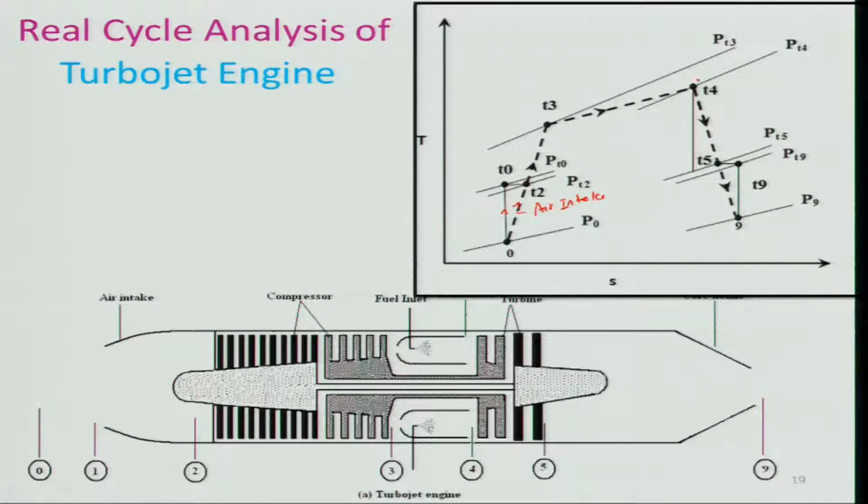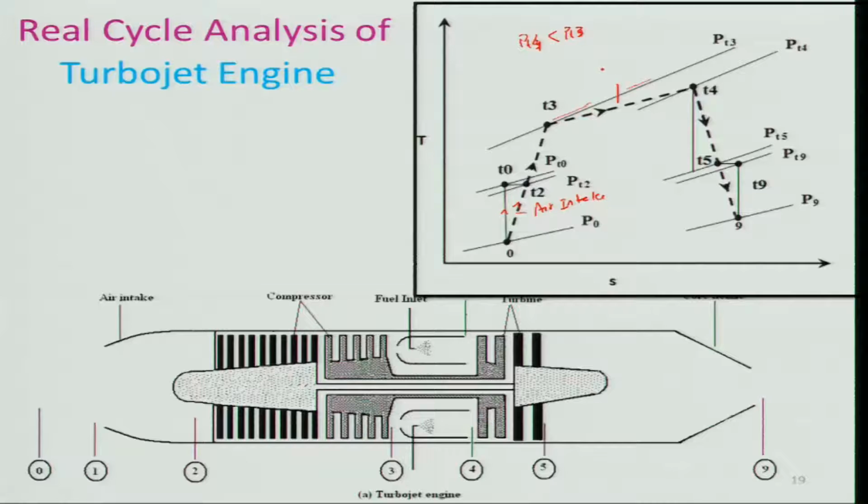Keep in mind that P T 4 is less than P T 3, because this is the lower pressure and there are losses in pressure. In the ideal case, the heat addition could have taken place along this line with P T 3. In the real case, P T 4 is less than P T 3. Is that clear? That means there is a loss in the total pressure in case of the combustion chamber.